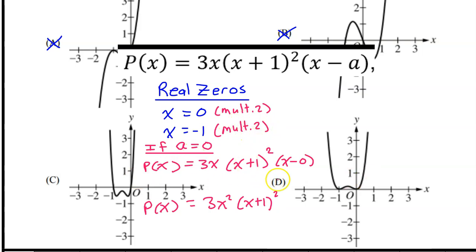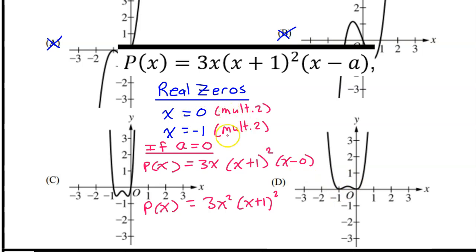This will help us decide which one is the answer, because we've learned that if a 0 comes from a factor with multiplicity 2, then the graph is going to be tangent to the x-axis. It's going to do kind of a bounce off the x-axis at that particular 0. We say that the graph is tangent to the x-axis at that 0.